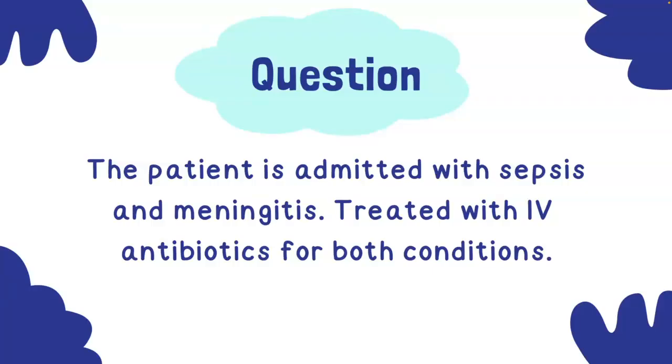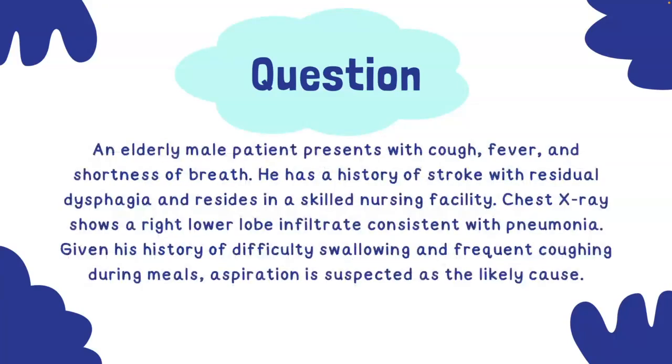And that is correct. Either one could be principal. What I want you to notice here is that they're both treated with IV antibiotics, which tells you it's an equal situation, versus one being treated with PO medications. All right, next patient.